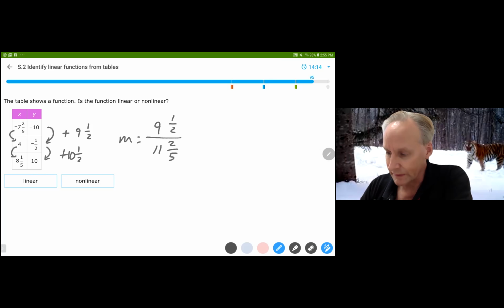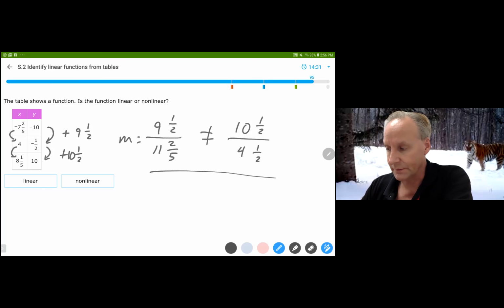Well, not really, because I can estimate it. Look, I know this is not equal to up 10 1/2 over +4 1/5. These are not equal, so it's nonlinear. I don't have to test it because I can see already that 10 and a half divided by 4 is nowhere near 1.